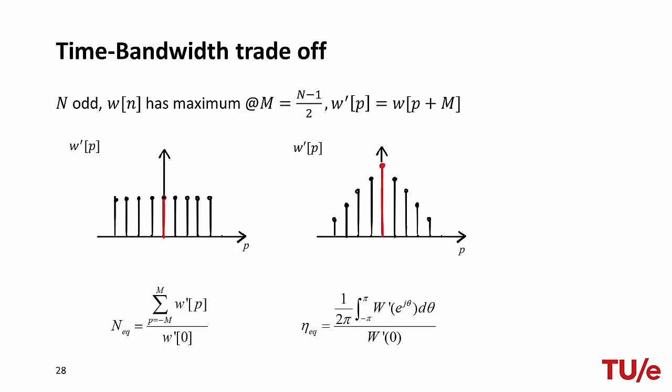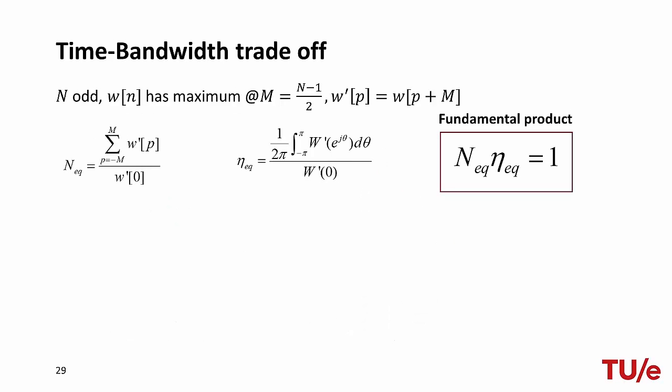Similarly, in the frequency domain, we can define the equivalent bandwidth as the integral of the window transform normalized by the value in zero. There exists a trade-off between time and bandwidth by which the product between the equivalent length and the equivalent bandwidth is constant.